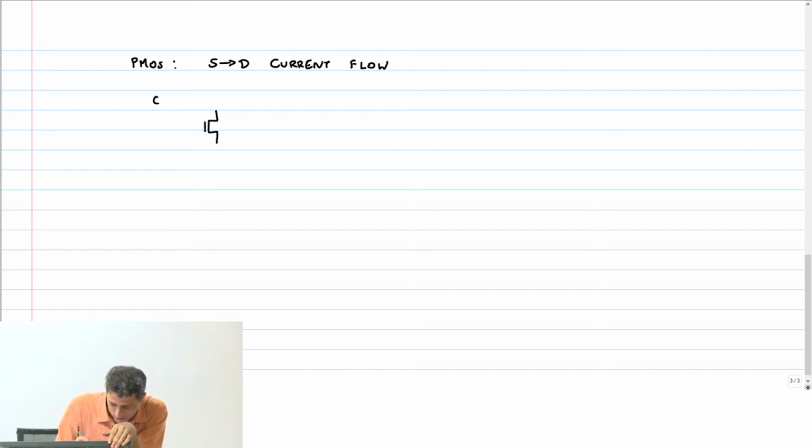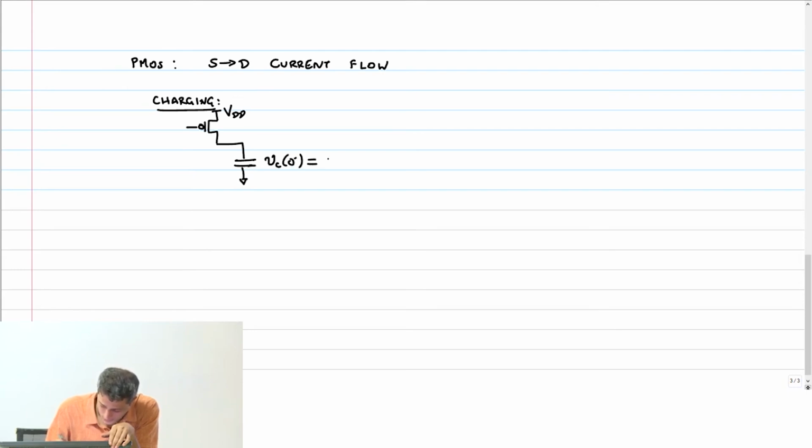I want to look at charging first. So this is going to be connected to VDD. It's a PMOS transistor. I'm going to connect it to a capacitor like this, and VC of 0 minus is 0. Now what should happen to the input? It should go from VDD to ground.